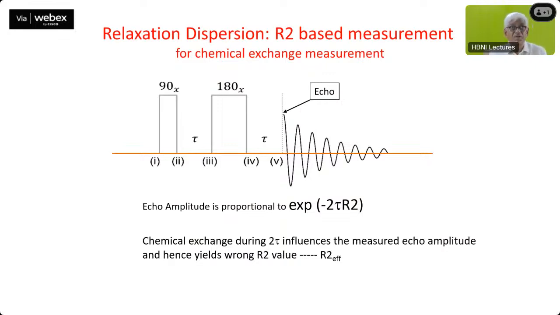We have been discussing in the last class the various aspects of protein dynamics. We talked about the relaxation mechanisms, the T1, T2s, and how these are affected by the dynamics in the system.